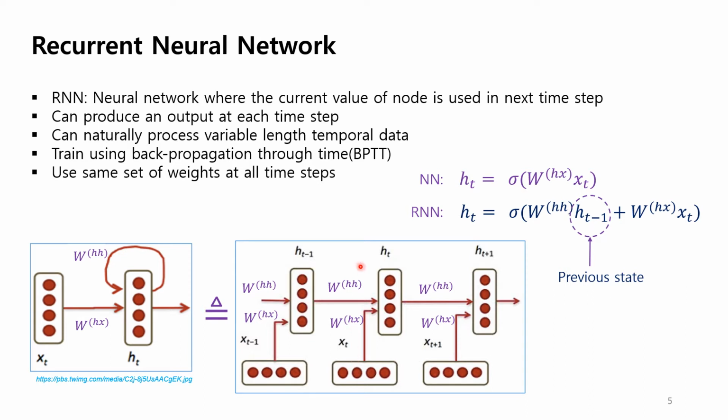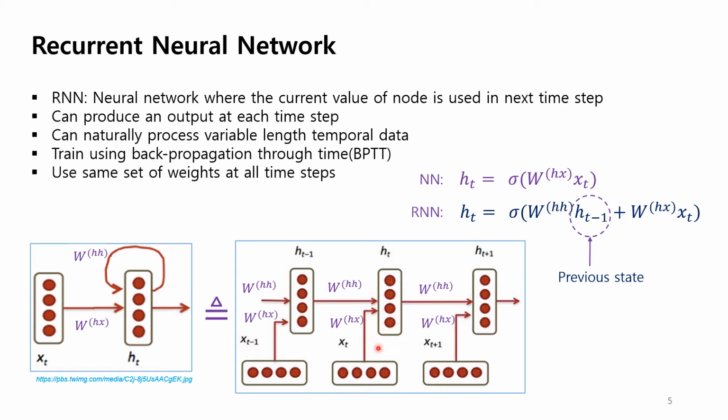So if you look at this, for example, this is H_t at time step t, the hidden node, and this is the input node. The hidden node H_t has two inputs.